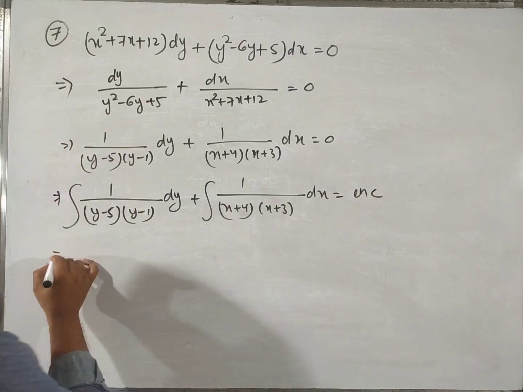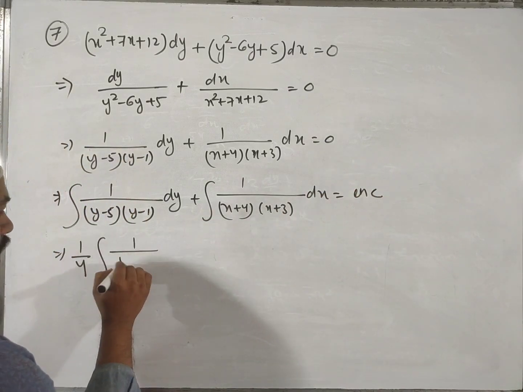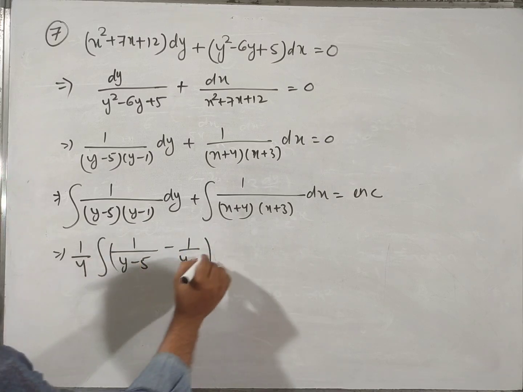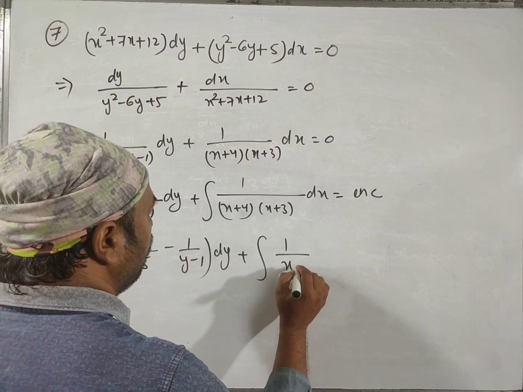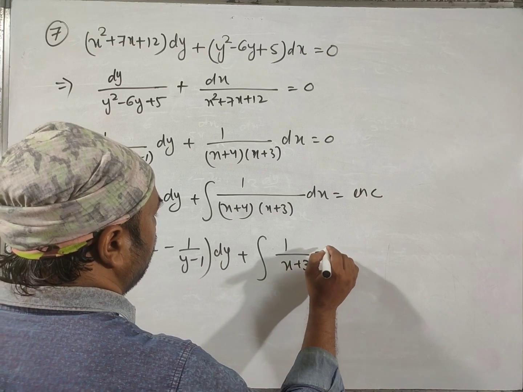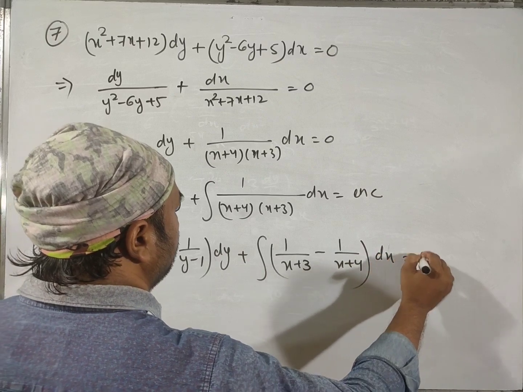ln c. Then it will be 1 by 4 integral of 1 upon y minus 5 minus 1 upon y minus 1 dy plus integral of 1 upon x plus 3 minus 1 upon x plus 4 dx. It is ln c.